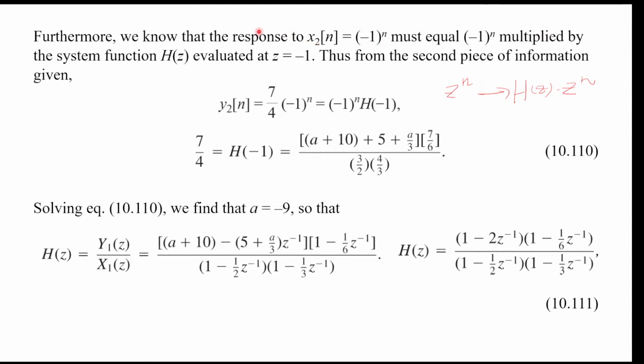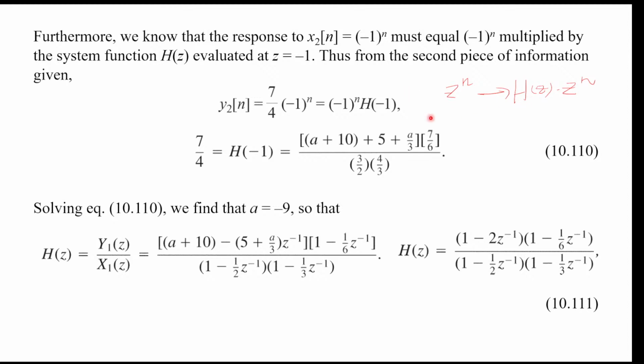For those signals, we need to remember that the system function is also the eigenvalue for this eigenfunction z to the n. And we see that this x2 of n is exactly in the form of z to the n with z equal to minus 1.